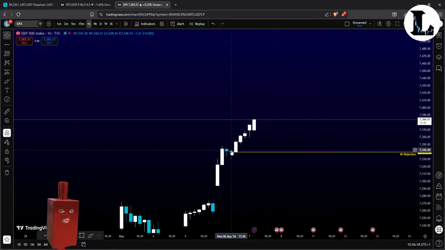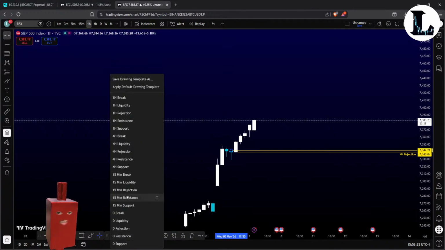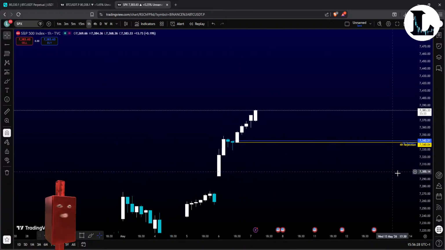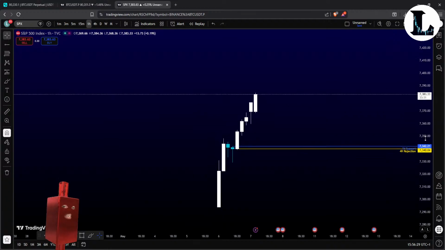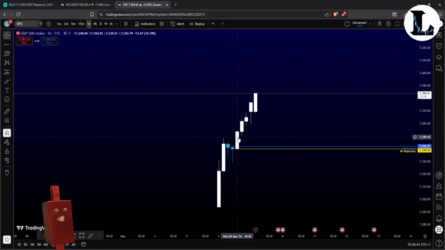Alright, 1 hour support for the future is not a strong support because we don't have a 4 hour. Okay, so we might see a reaction, but we need to create a 4 hour to have this as a strong support, even though it is a bull candle followed by 2 white candles.